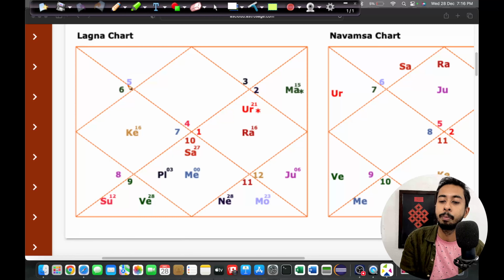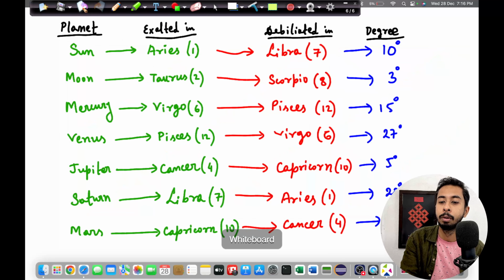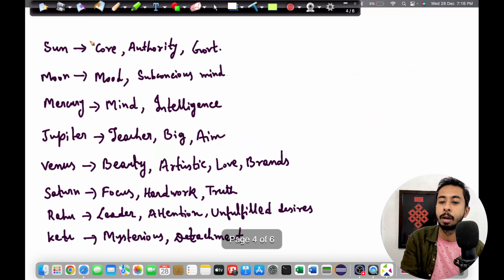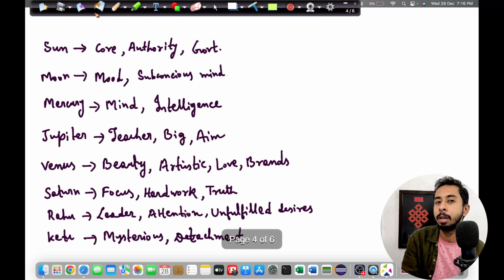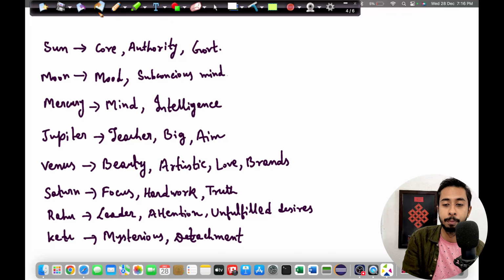Next, your money. These houses deal with your money, your family, your speech, your food, right? Here we have 5, meaning Leo. That means it is ruled by the Sun. What were the characteristics of the Sun? The Sun was core, authoritative, government. So you might have some relation with authority or government.